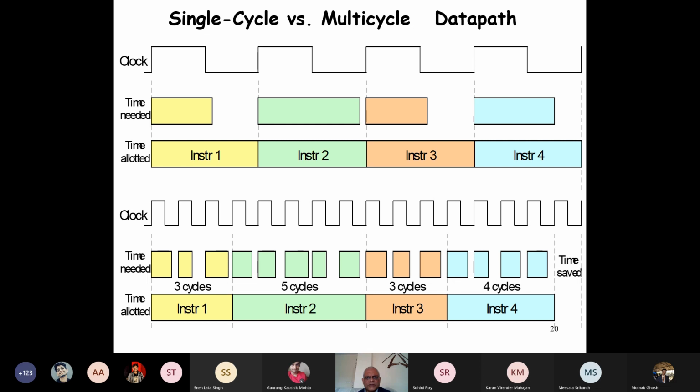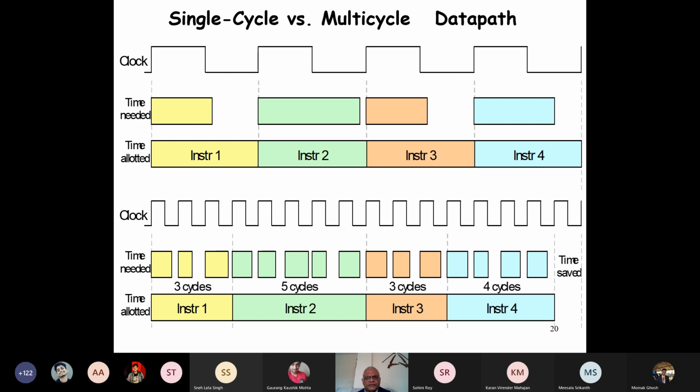In a single cycle processor, each instruction is completed in a single cycle. Let me repeat that. In a single cycle data path processor, each instruction completes in one single cycle. There are 4 instructions here and the execution completes exactly in 4 cycles.